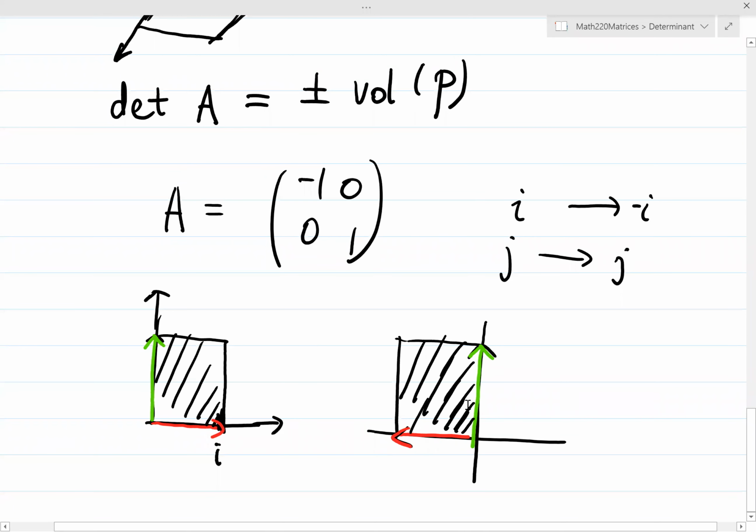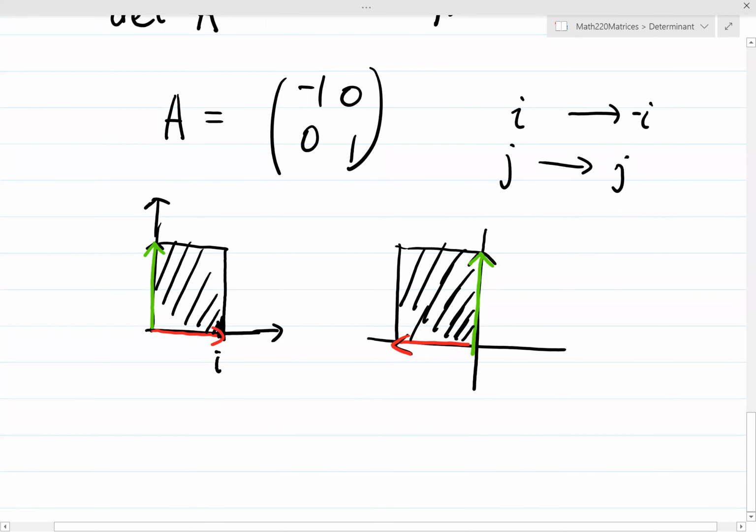Now for the second, if you use the fingers to go from red to green, your thumb points into the screen. So the direction is actually flipped. In this case the volume does not change, but the direction flipped. So you can check the determinant of A is actually -1.